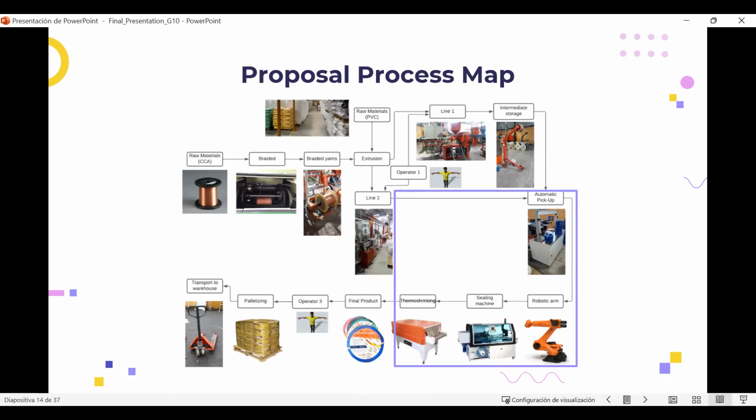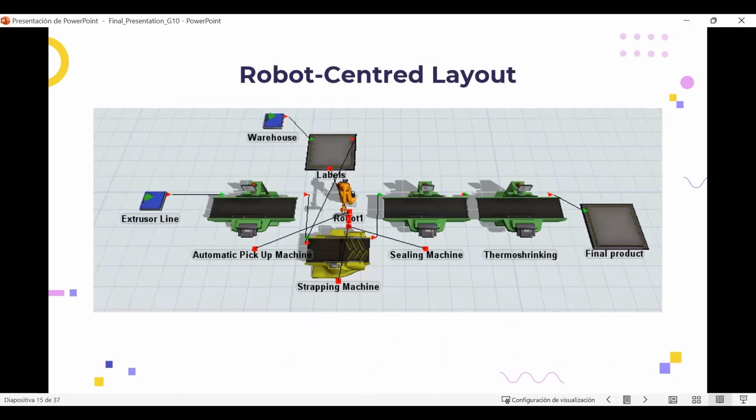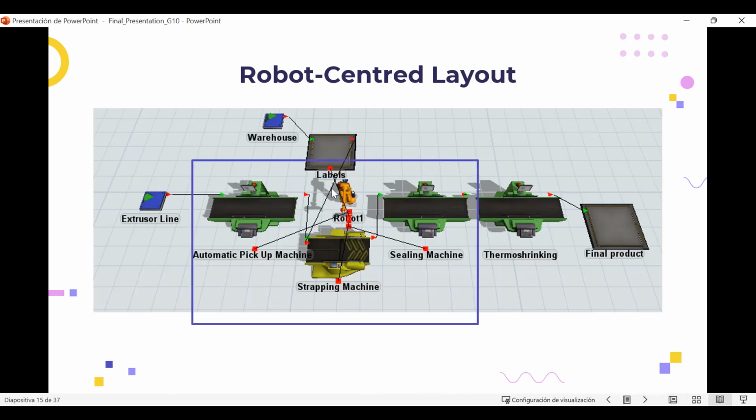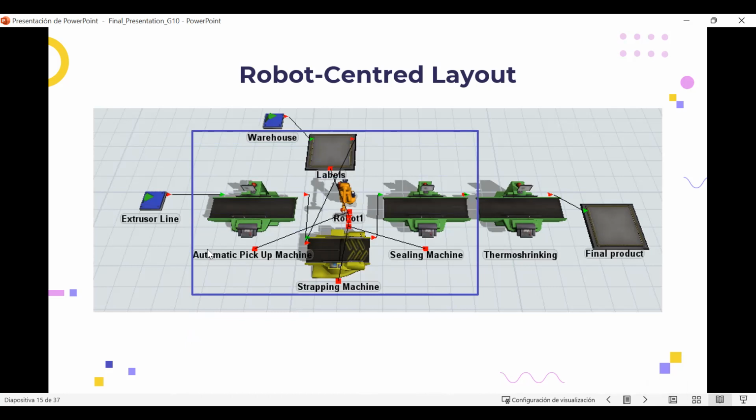For this purpose, we implemented our robot-centric layout, as shown in the image, that involves the automatic pick-up machine, the strapping machine, the filling machine, and the labels.